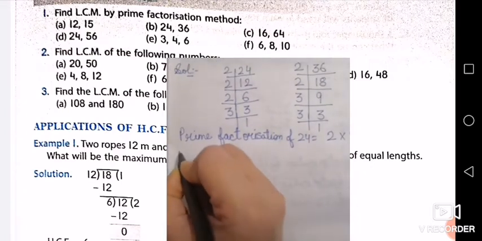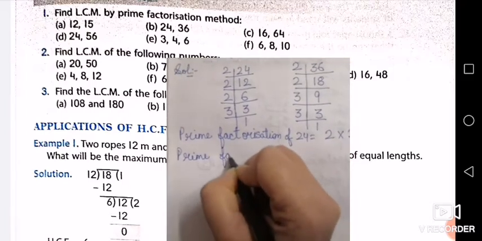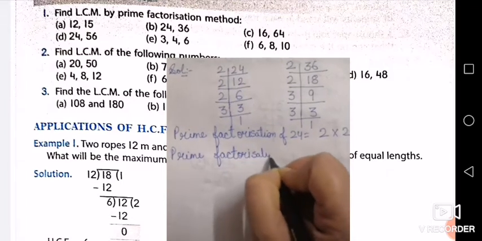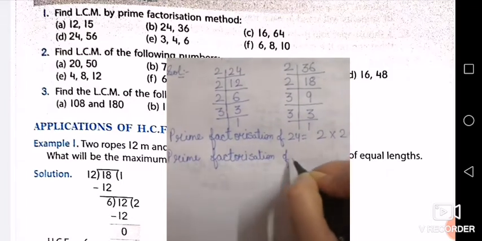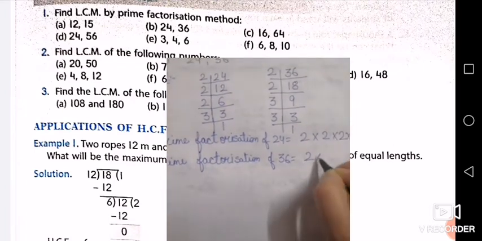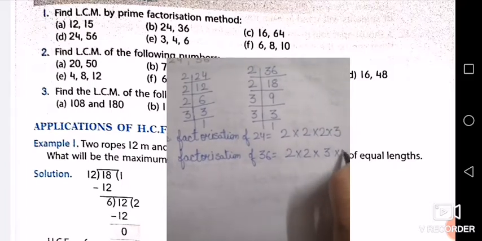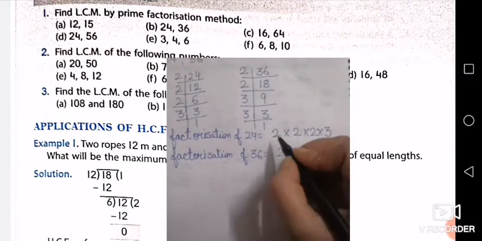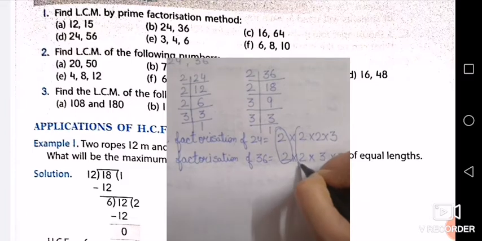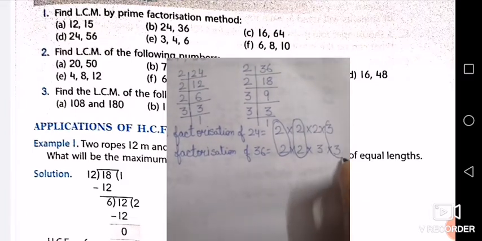Now the next step is the prime factorization of 36, that is 2 multiplied by 2 multiplied by 3 and then multiplied by 3. Now the factors which are common: one 2 is common, another 2 is common, and one 3 is also common.